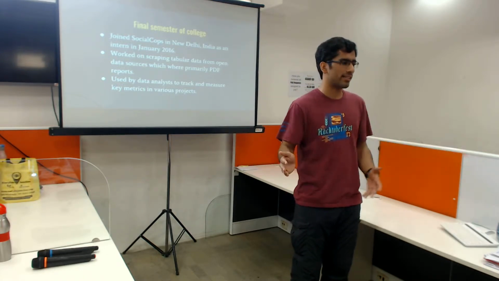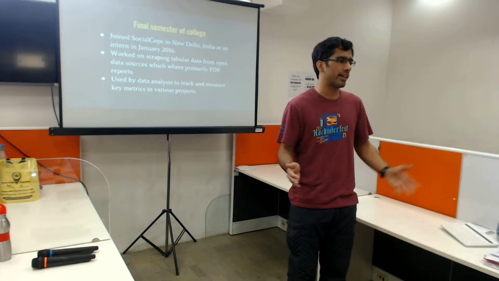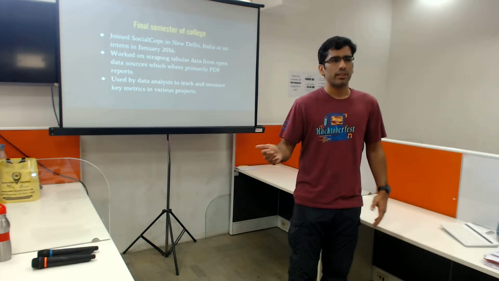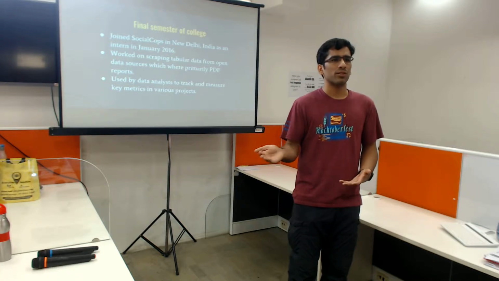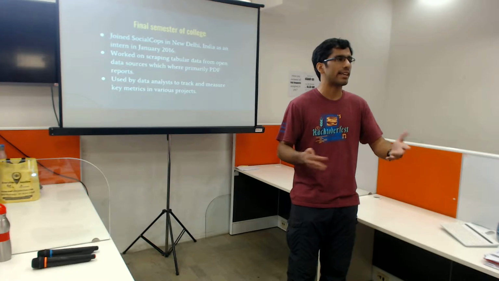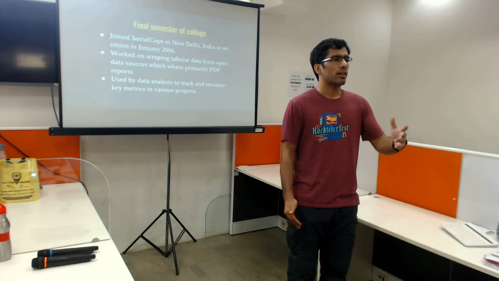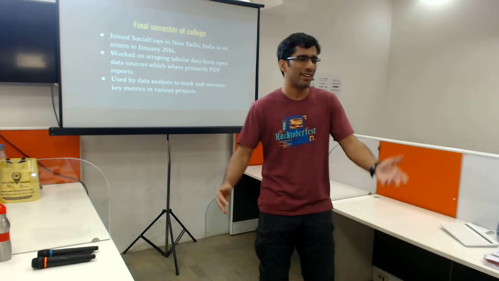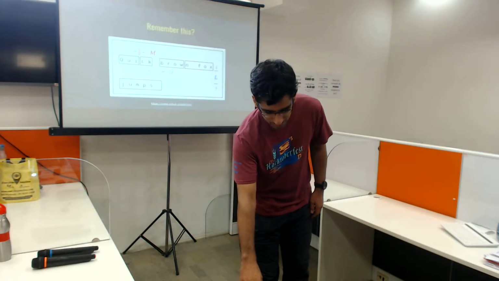We wanted to analyze how the budget was being allocated for different government departments across years. There was another open data source called the National Family Health Survey, from which we extracted tables as well.